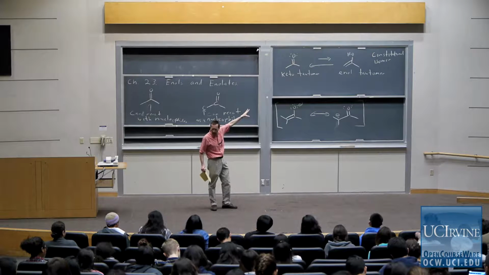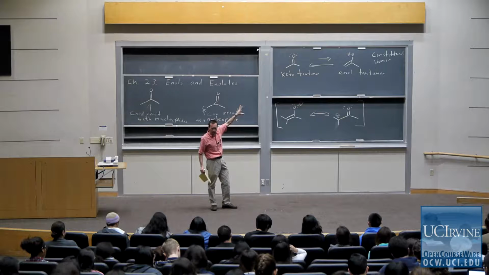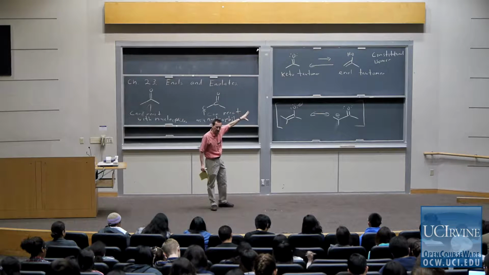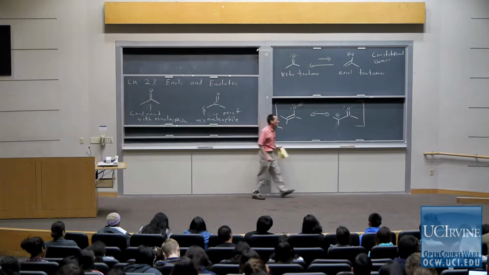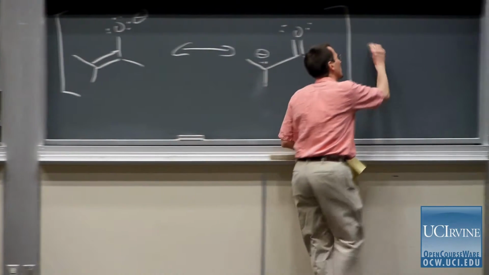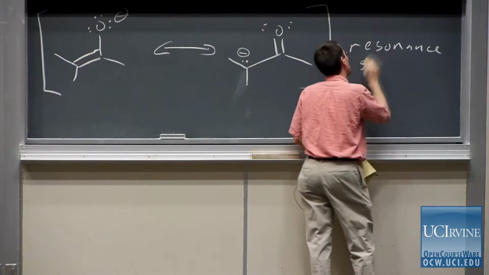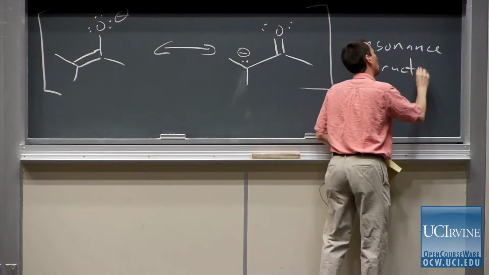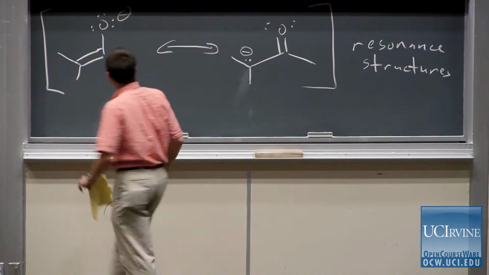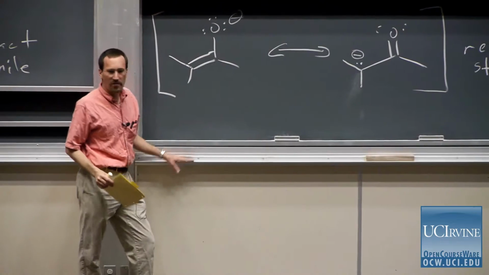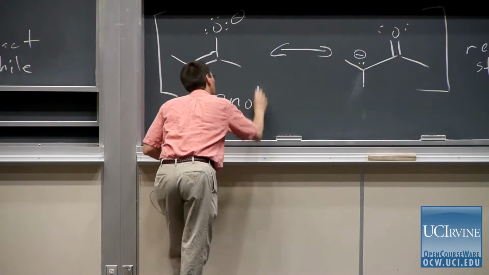Unlike the keto and enol tautomer, they are not two distinct species that you can identify distinctly. They are one and the same at the same time. And so I will write resonance structures here to remind us of this. And I will also remind us that since this is the anion of an enol, we call it an enolate anion.